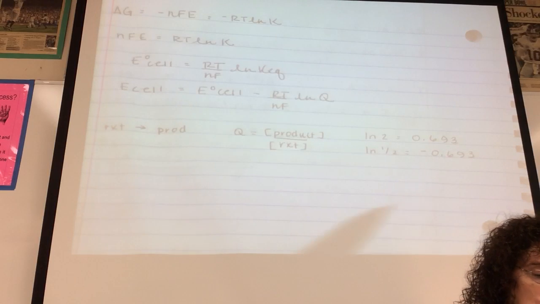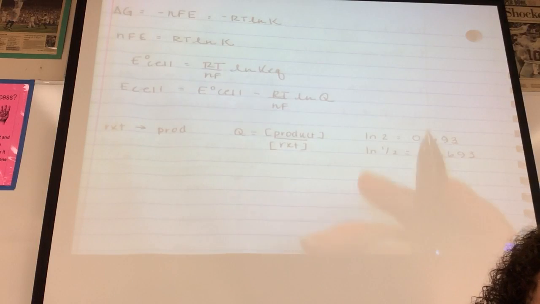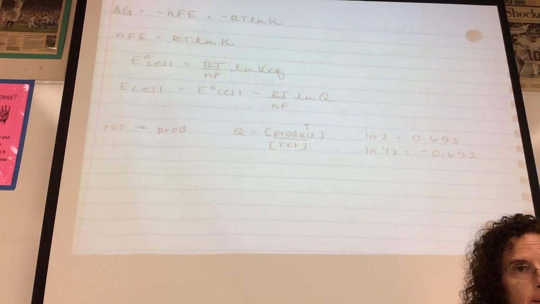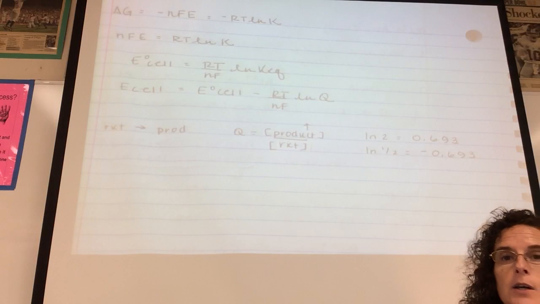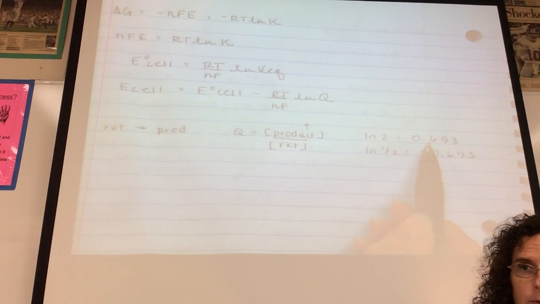Okay. So in the example we looked at previously, we increased the concentration of a product ion, correct? So in doing so, we essentially generated a number greater than 1, and the ln of Q was positive.